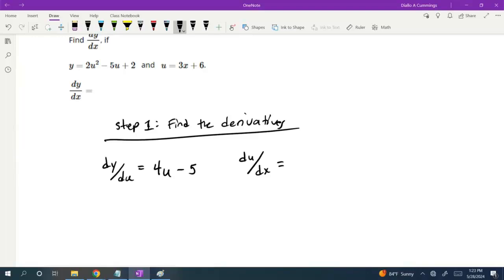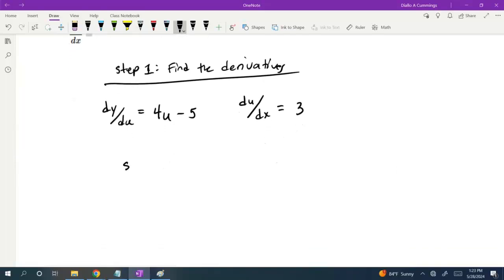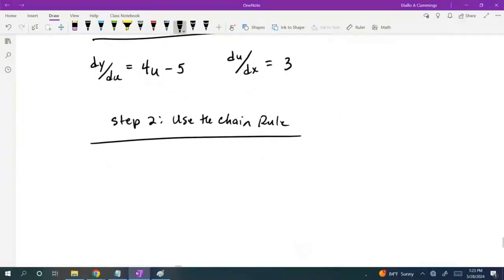So the derivative of 3x plus 6 is simply 3. The next step is to use the chain rule. Recall that the chain rule is dy dx equal to du dx times dy du.